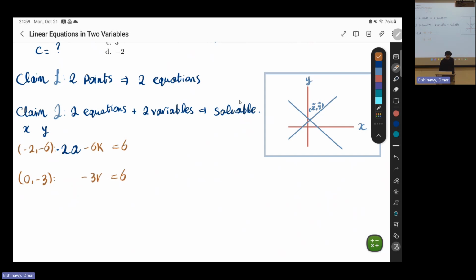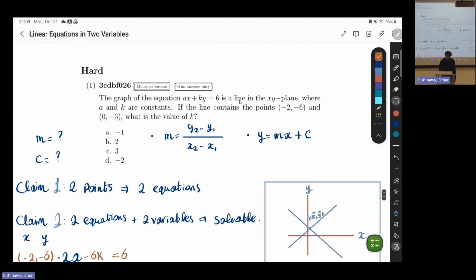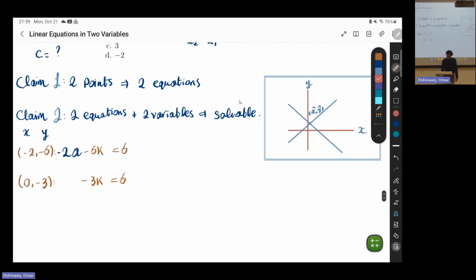This is just -3k, and -3k is 6. Then actually, I don't even think I need the first equation, because the second equation just gives me the answer. In this case, the answer would be -2.